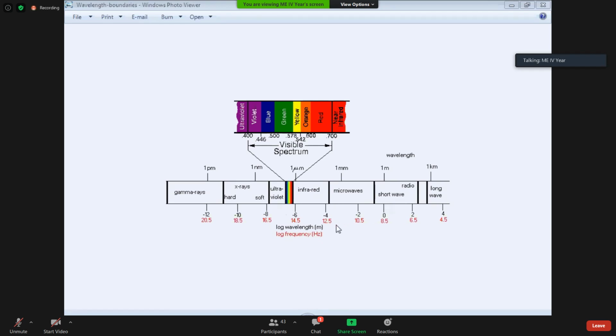If you observe this black color, wavelength is in meters and frequency is in hertz. Only this small portion gives us visibility. On the right side we can't see and on the left side we can't see. Am I right? Yes, sir. These are the infrared rays.